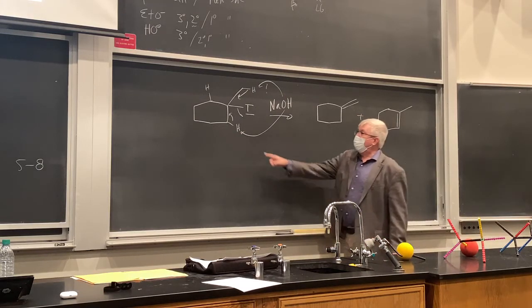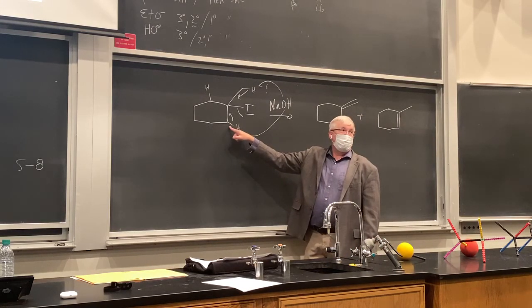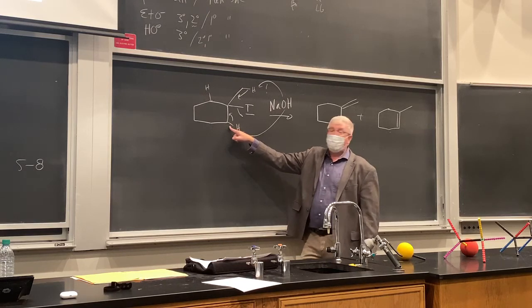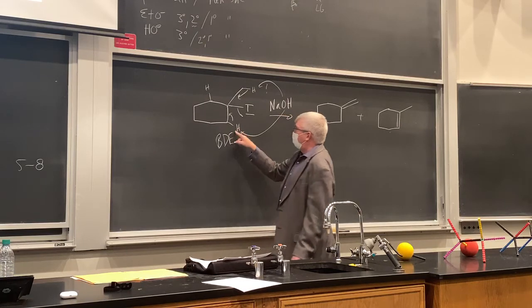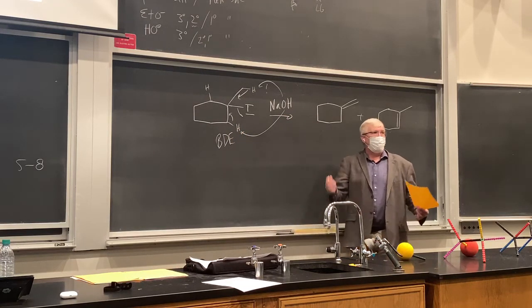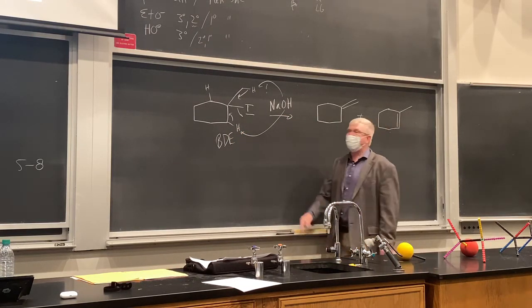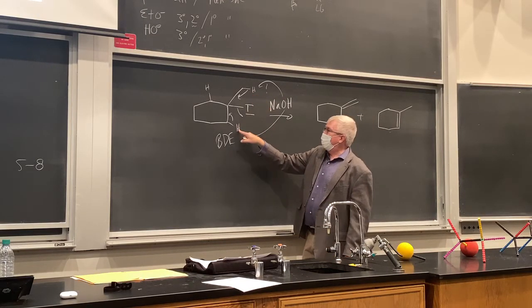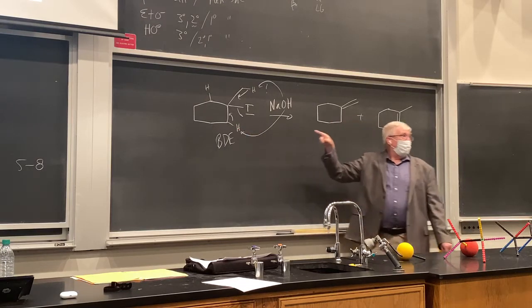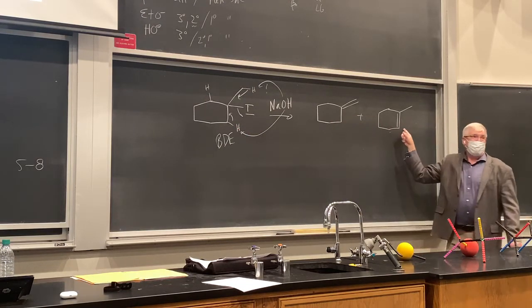And actually, this is a weaker bond. This is a more substituted carbon. So you can look at the bond association energies also and see that that's about 93 or so kcals per mole. This one up here is around 100 kcals per mole. So this is actually the weaker bond, and it gives you the more stable product, okay?